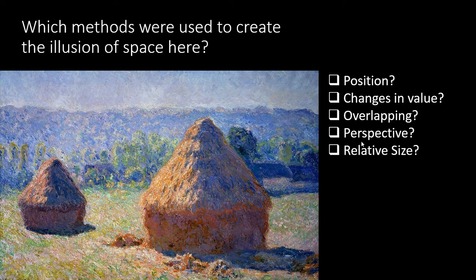Do I see perspective? No, I do not see 1-point perspective. Do I see relative size? Absolutely. I have two objects, and I have no reason to think that one is a little haystack and one is a big haystack. I think that this is a close haystack over here, and this is a farther haystack that is smaller on the page.